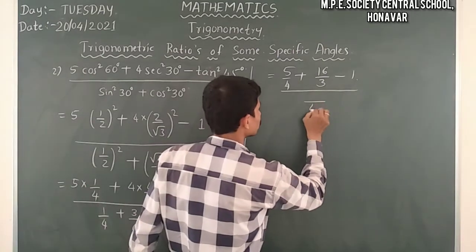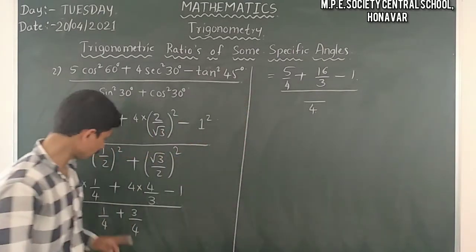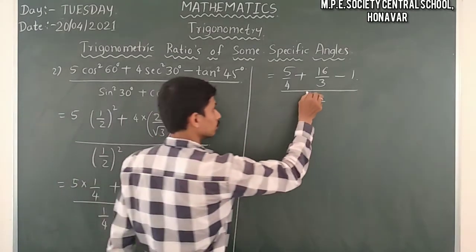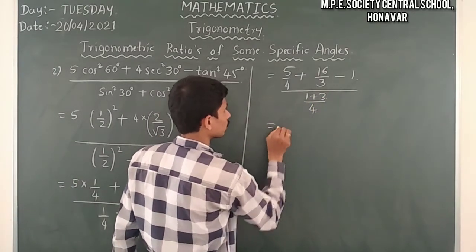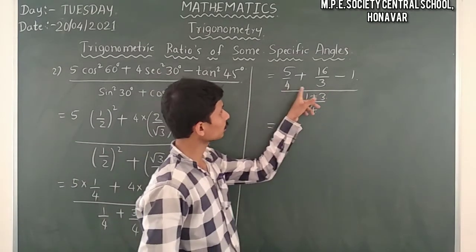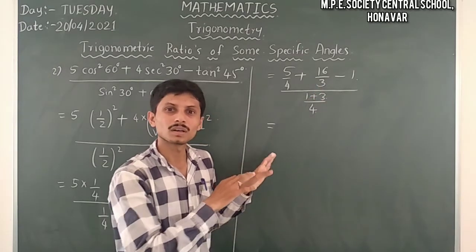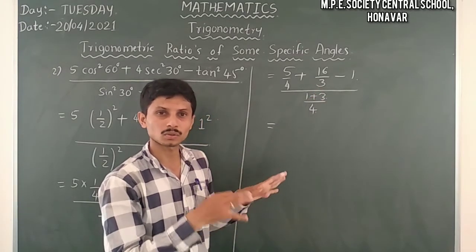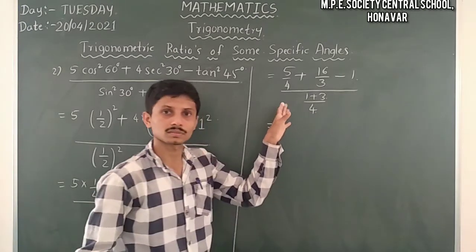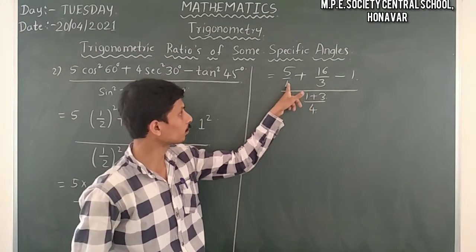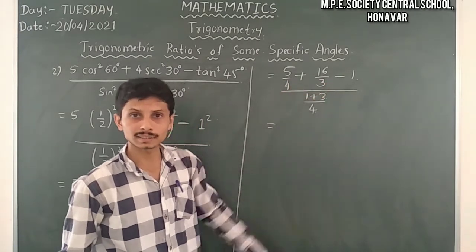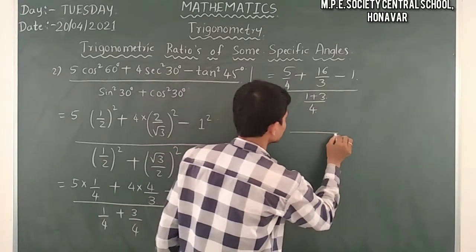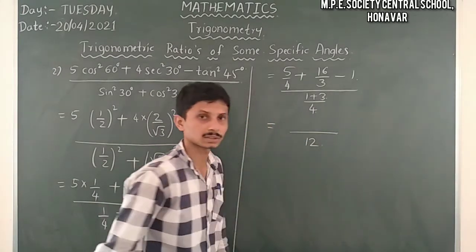If you take the LCM as 4 here, so 1 plus 3 is equal. Then just observe, 4 and 3 we have, so take the LCM of the denominators. What is the LCM of the denominators? The LCM of the denominators is 12.